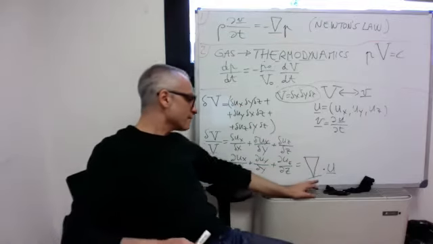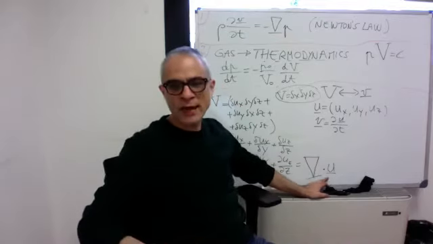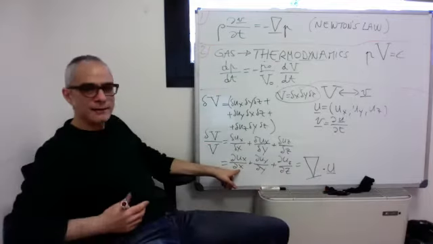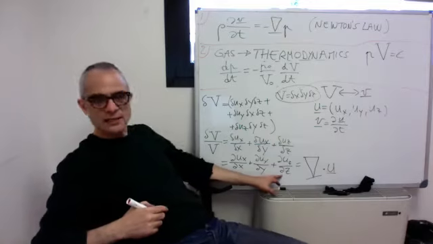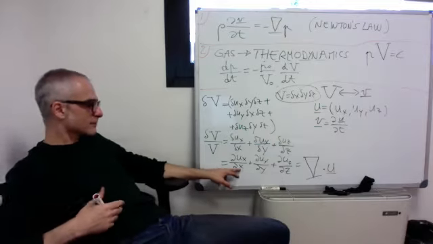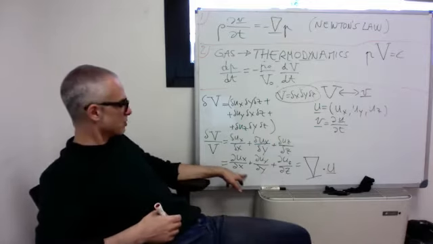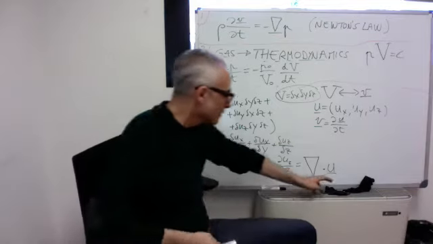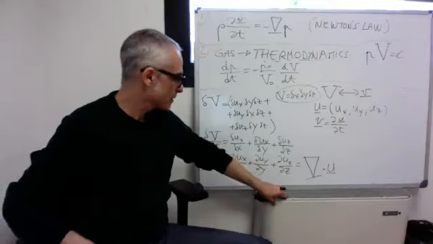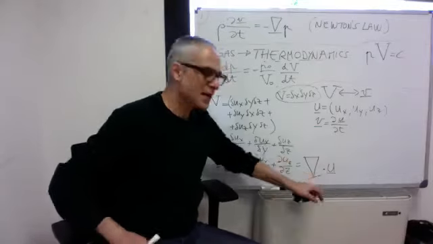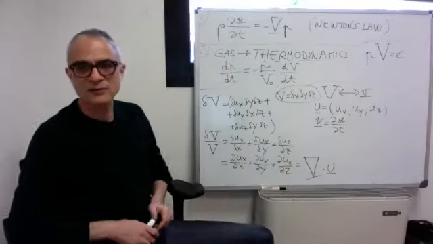The nabla works in the same way, except that the nabla actually stands for differentiation. Okay, so it's not just multiplying, but you actually differentiate. But the rules that you apply are exactly the same. So vector, scalar product, and this is a scalar, okay?